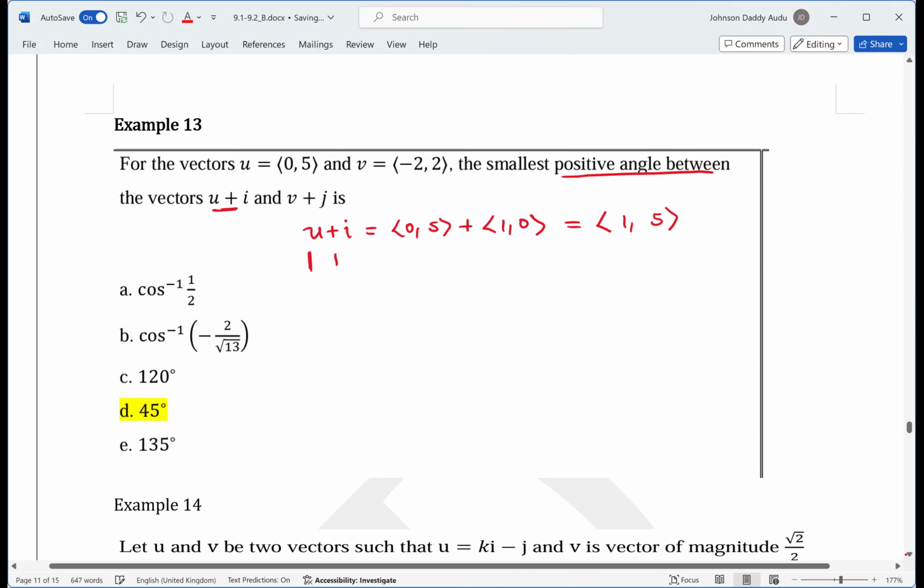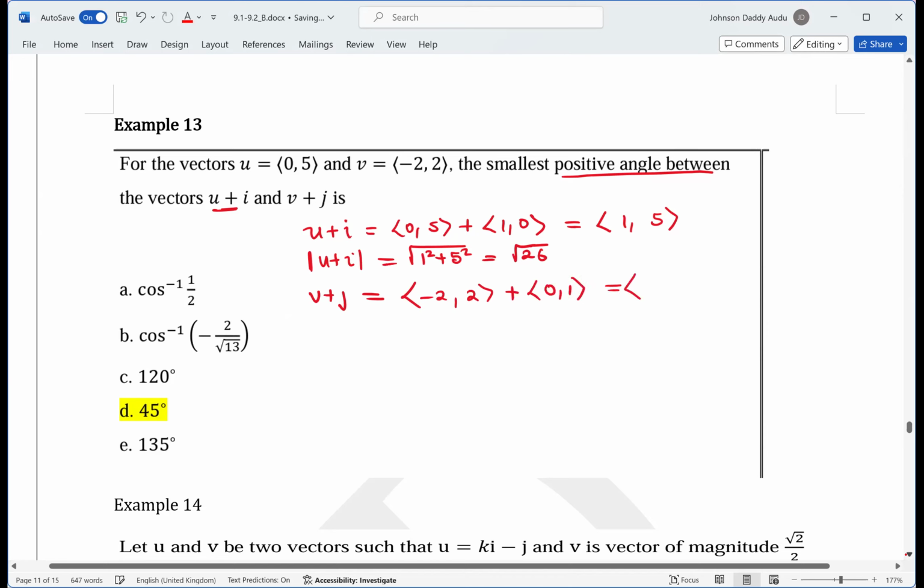Then what is v plus j? From here we can get the magnitude, because we will need it. The magnitude of u plus i is just going to be 1 squared plus 5 squared. Am I correct? Yes. So this is going to be 1 plus 25, which is root of 26. Now, what is v plus j? V plus j is minus 2, 2, plus j is 0, 1.